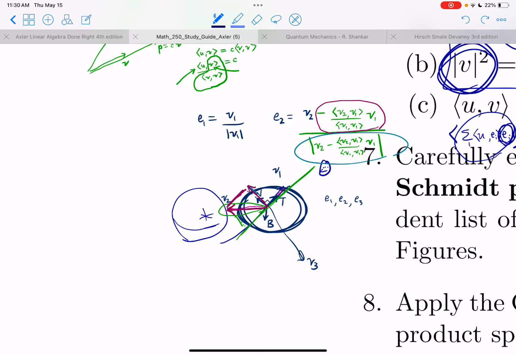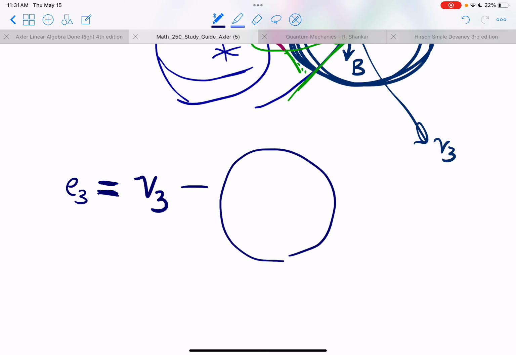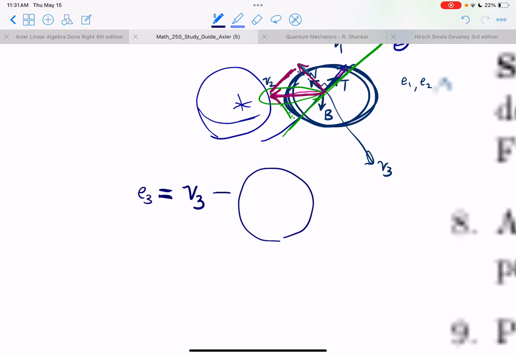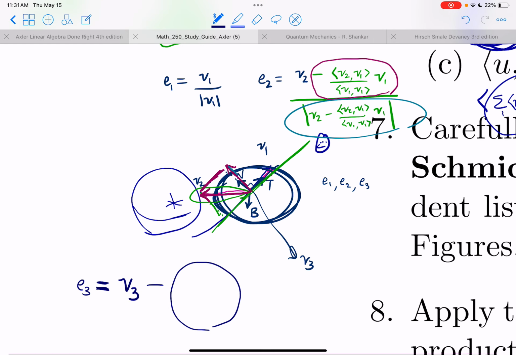And then how do we produce E3? So this is the process. You're going to produce E3, and you produce it from the third original vector. But you're going to subtract off the piece that's along the second vector, and then you're going to subtract off the piece that's along the first vector.